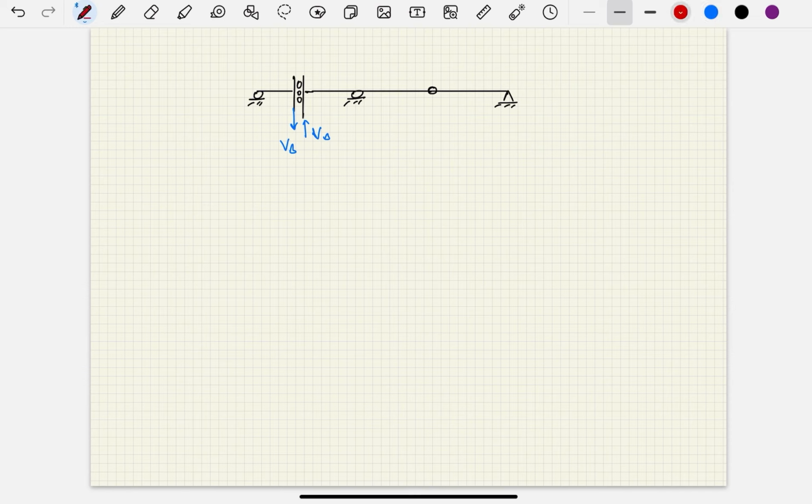If I look at the left side, you're going to develop this pivot and rotation here. That makes sense, right? You have this VB pulling down on the left side, so this segment is going to rotate into this new red shape.